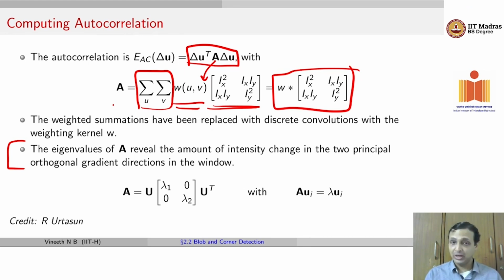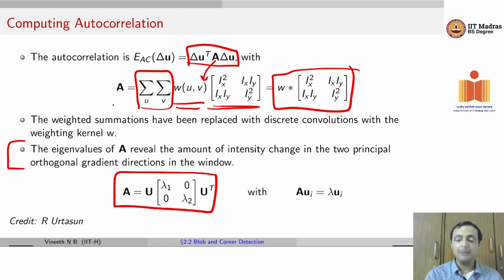Since A is what defines the intensity change, we're going to consider an eigen decomposition of A, which is given by U lambda U transpose, where lambda is a diagonal matrix with two eigenvalues, lambda 1 and lambda 2. Remember, A is a two-dimensional matrix, which means the maximum number of eigenvalues you can have is 2, where A into Ui is equal to lambda Ui, your standard eigen decomposition.